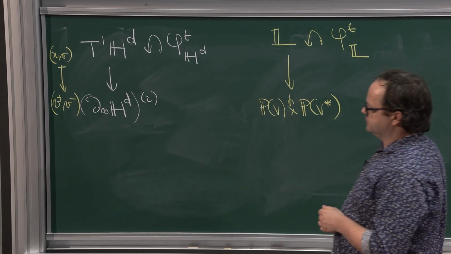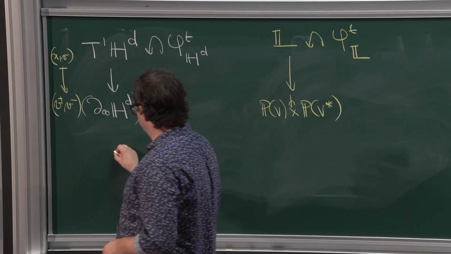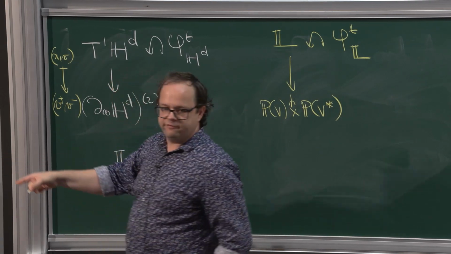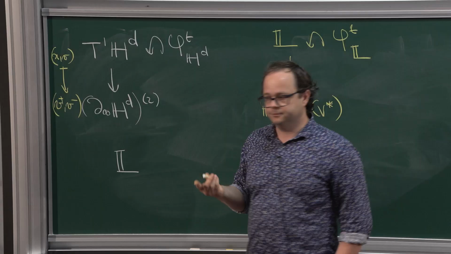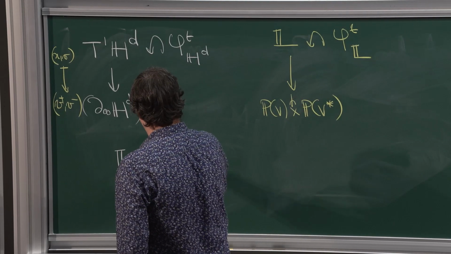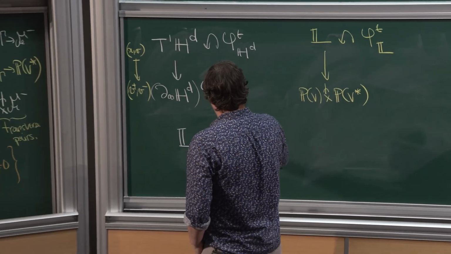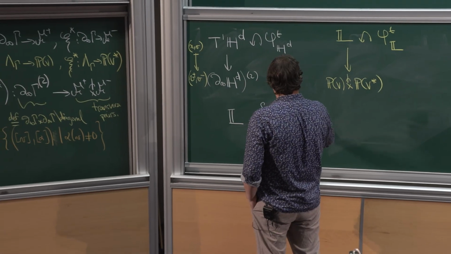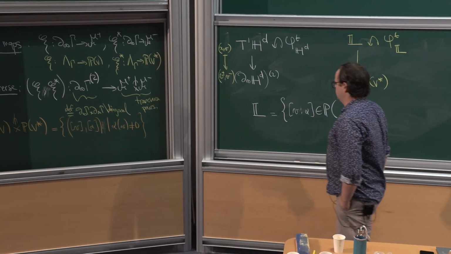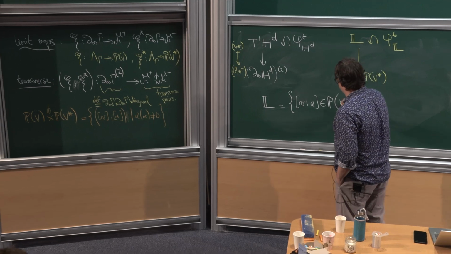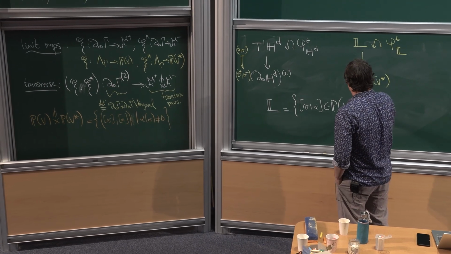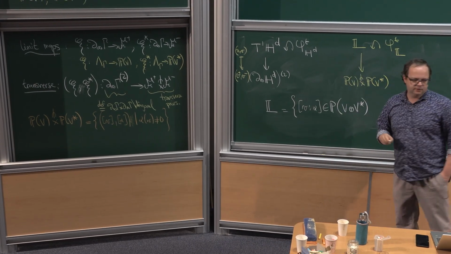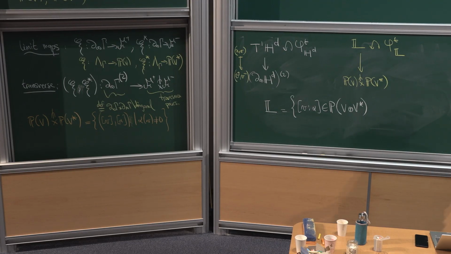And so what you'll do is consider v and alpha up to multiplying them by the same number. So this means that we're working in the space which is the projective space of the direct sum of v and v star. Right? It's v and alpha up to multiplying them by the same number.